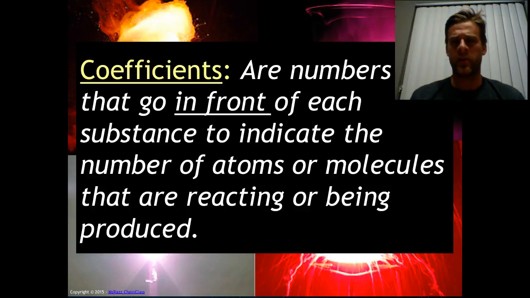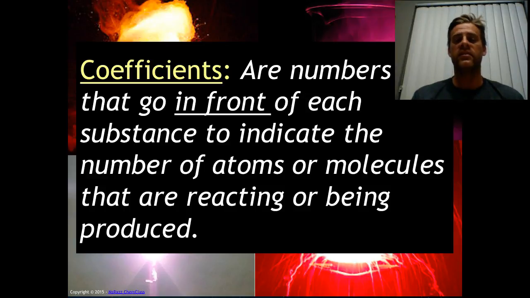They don't come after the parentheses. They're not little or big. They're whole numbers that precede, so they come before any of the species in a chemical reaction. And by species, I mean any atom, any compound, formula unit, any molecule. They're whole numbers that are written before, not within the compound nomenclature itself.